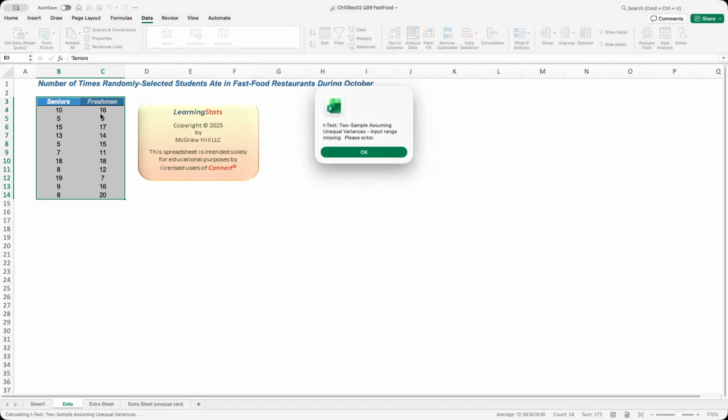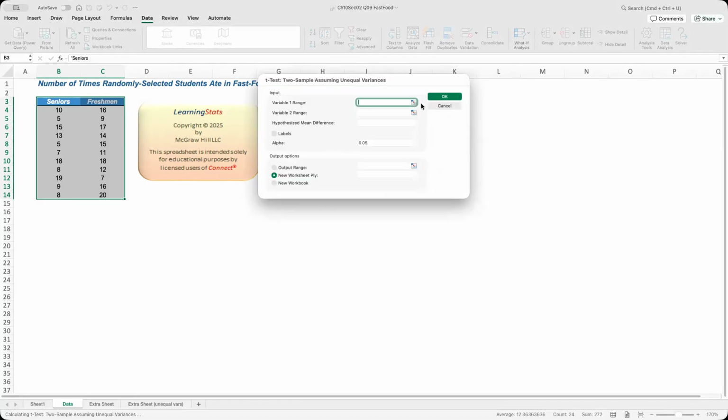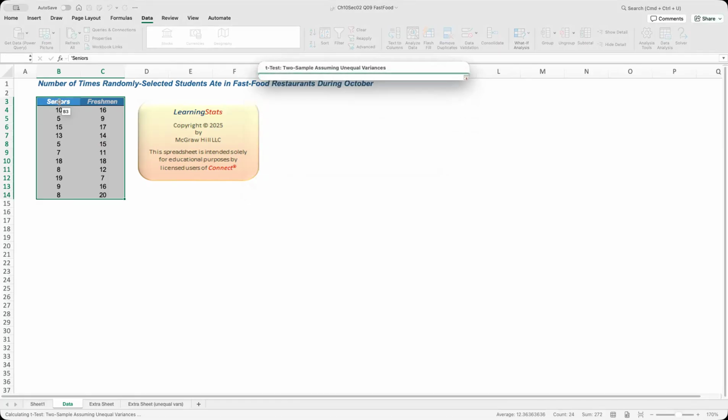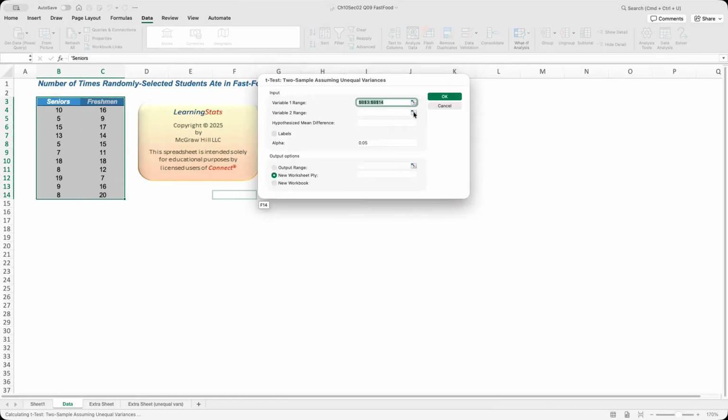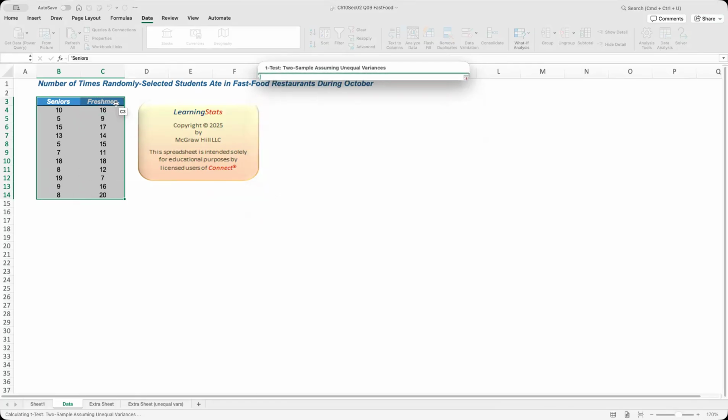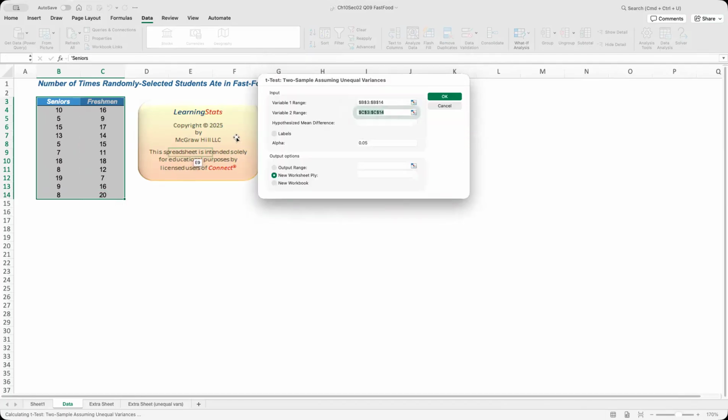Variable 1, seniors. Variable 2, freshmen. Hypothesized difference, 0. Yes, I clicked on the labels. Yes, I want it in a new sheet. Go.